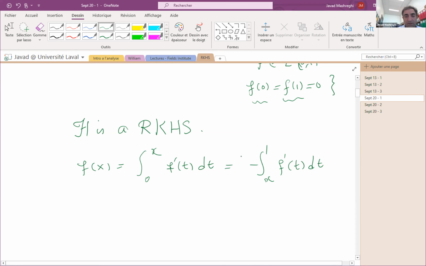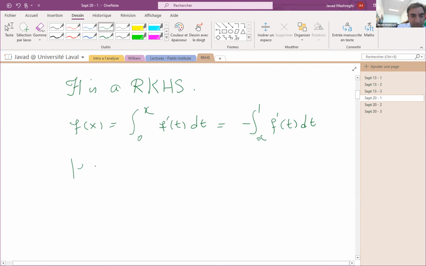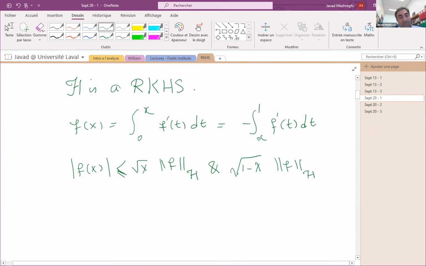And using these two formulas, we saw that |f(x)| is less than or equal to root x times the norm of f in H, and at the same time is less than root of (1 minus x) times the norm of f in H. So both show that the evaluations are continuous, but neither the first one nor this one is optimal.